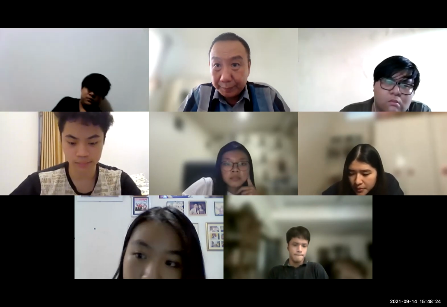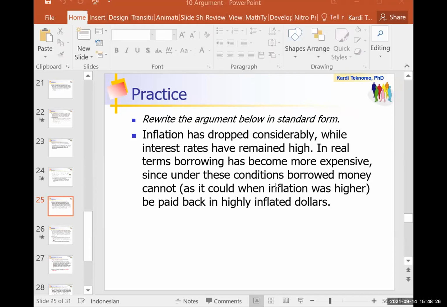How about this one? Inflation has dropped considerably while interest rates have remained high. In real terms borrowing has become more expensive since under this condition, borrowed money cannot, as it would be when the inflation was higher, be paid back in highly inflated dollars.